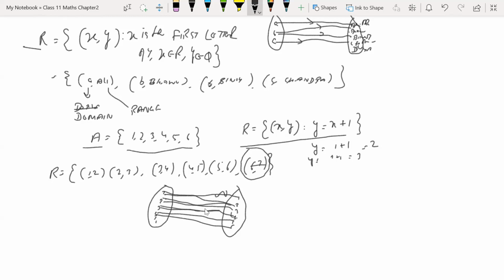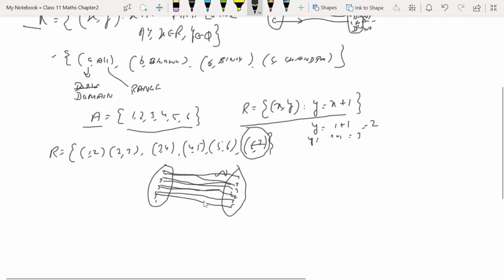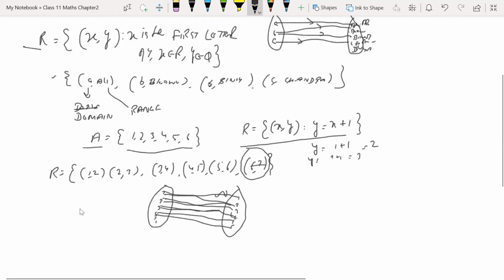Now write down the domain, codomain, and range. What is the domain? Domain is the first element of the relation. Domain is 1, 2, 3, 4, 5, and range is the second element: 2, 3, 4, 5, 6.